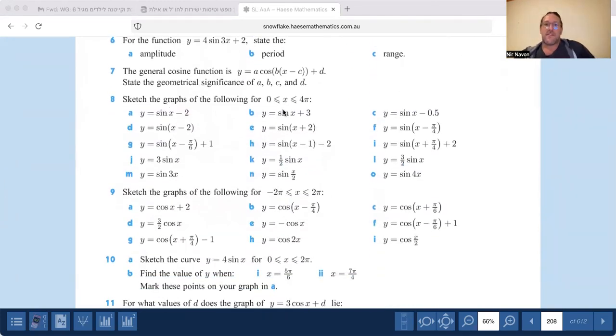Sketch the graphs for the following. So you can sketch it, that is, if you have a better paper for that. Sine x is here, so sine x -2 would be here. Sine x plus 2.